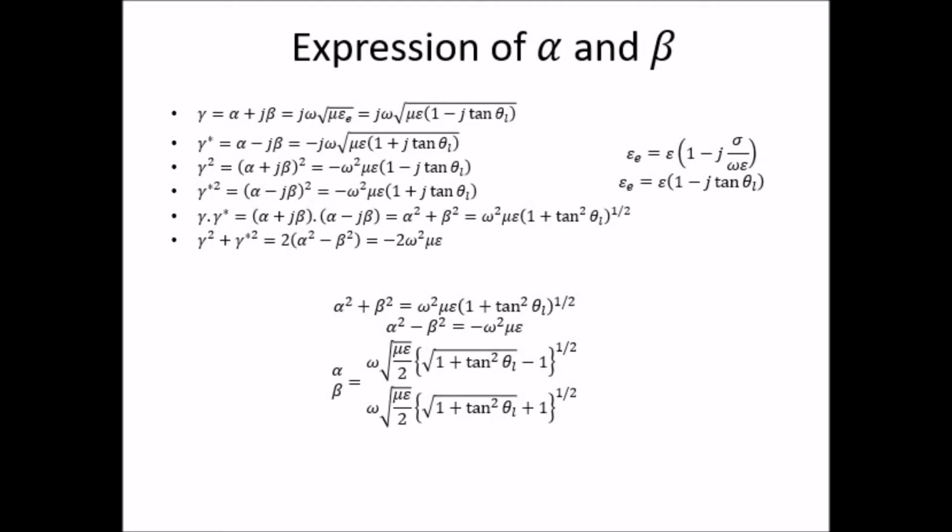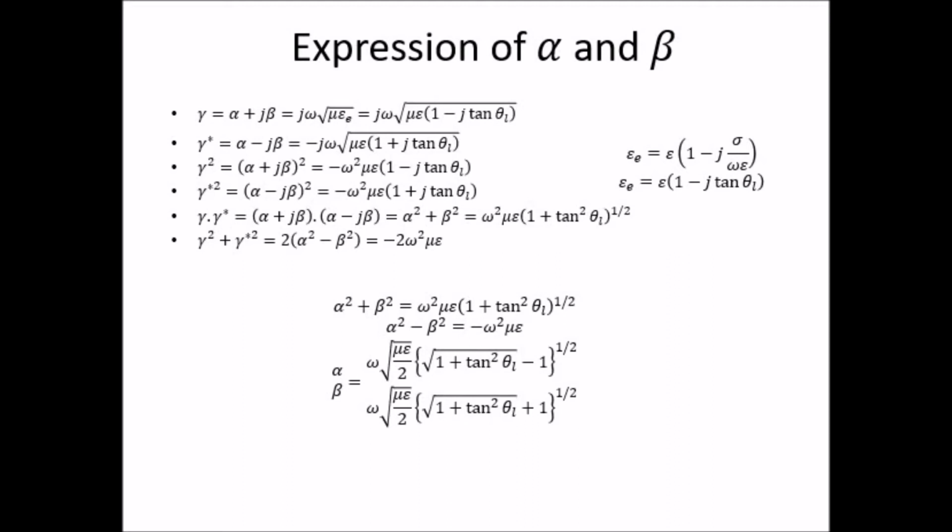Now if you take the square of gamma, it will be alpha plus j beta squared, and this part squared will be omega squared mu epsilon times 1 minus j tan theta L, since j squared is negative 1.